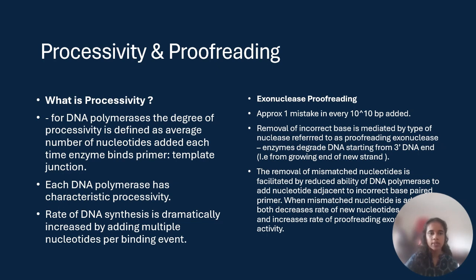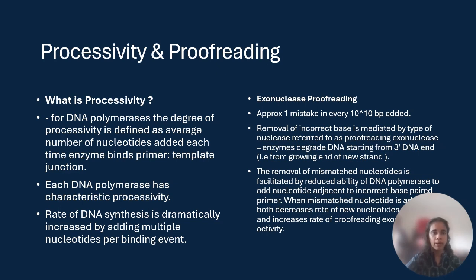So DNA polymerases interact tightly with the double stranded portion of the DNA in a very sequence non-specific manner. Processivity is basically the average number of nucleotides that you can add each time the enzyme binds to the primer template junction.